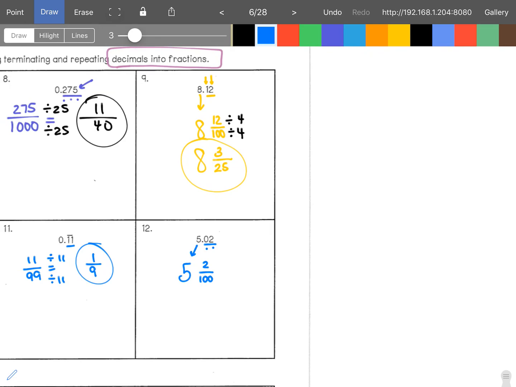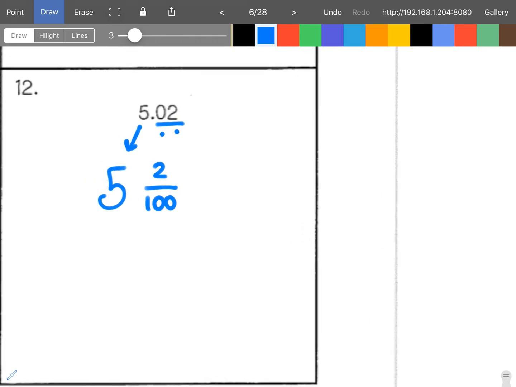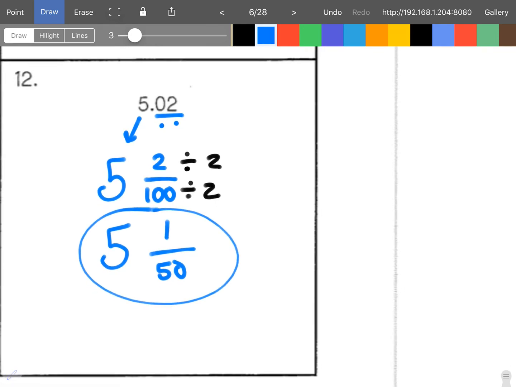Oh yeah, we just did one like this above here in number 9. All right, so it's 2 over 100, but you're going to leave the 5, but you need to try to simplify the 2 and the 100. So if we divide them both by 2, 2 divided by 2 is 1, and 100 divided by 2 is 50. So there you go.